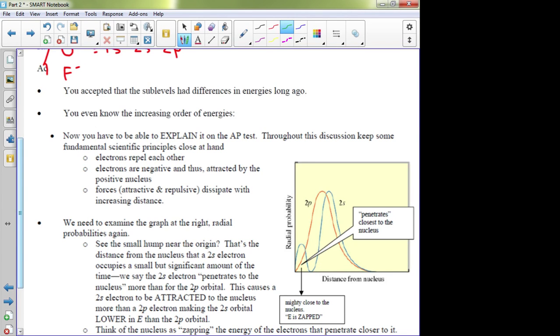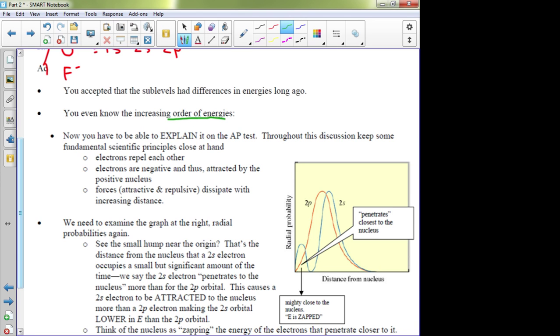All right, so we've accepted a long time ago when we started doing electron configuration that sublevels have different energies, right? We know that 2p is a higher energy level than 2s, right? All right, we're all in agreement of that? Okay, and we know that by going on the periodic table. We even know the order of energies, right?